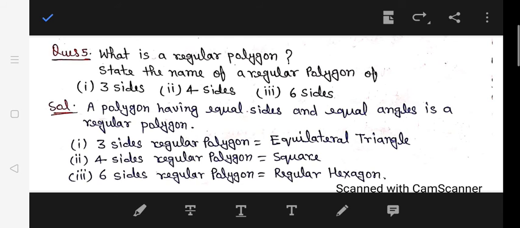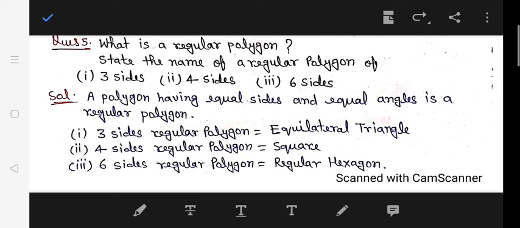So a regular polygon having 3 sides is an equilateral triangle. Now what is the name of the regular polygon having 4 sides? With 4 sides, it is the square. In the square all 4 sides are equal and all 4 angles are of equal measure, 90 degrees. So a polygon having 4 sides which is regular is the square.